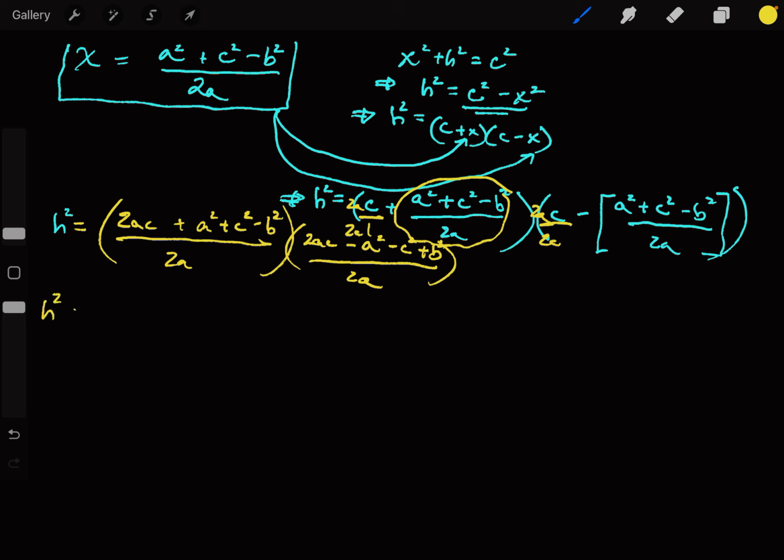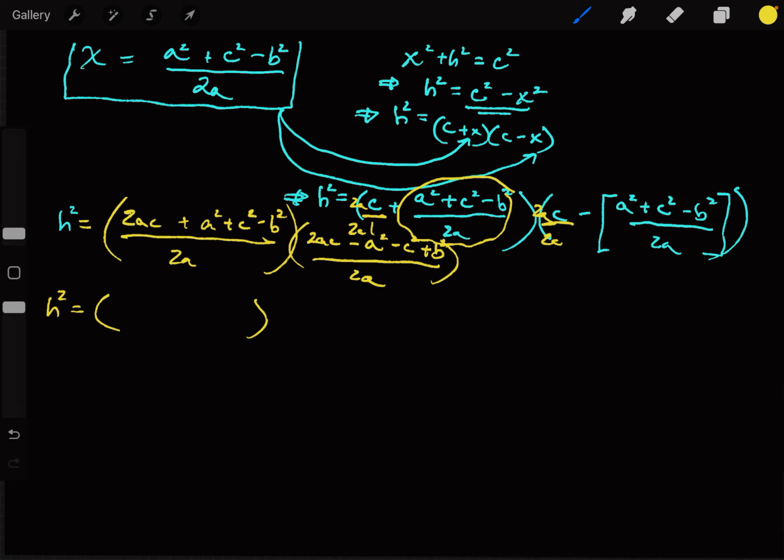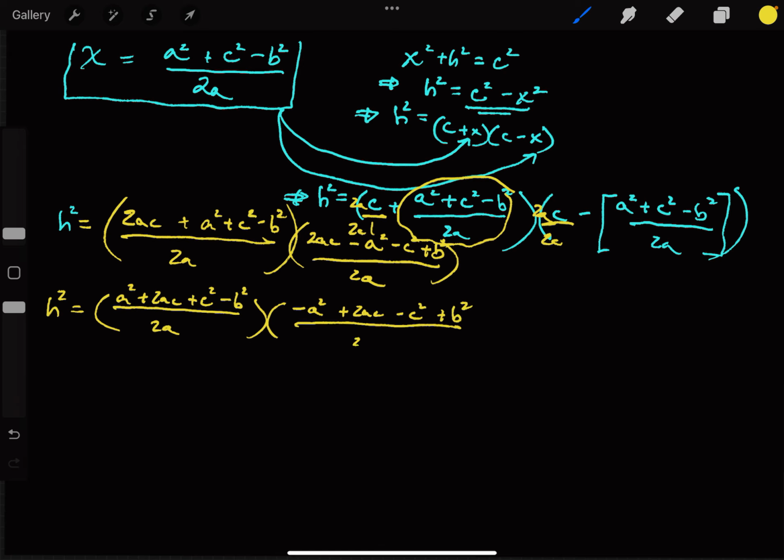Now I have h squared is equal to, and I'm going to rearrange the terms again, seemingly arbitrary. I'm going to put it as a squared plus 2ac plus c squared minus b squared over 2a. And then I'm going to put negative a squared plus 2ac minus c squared plus b squared over 2a.